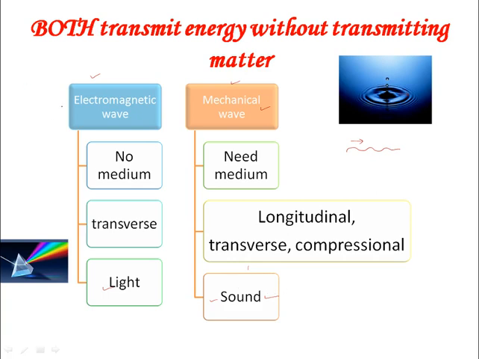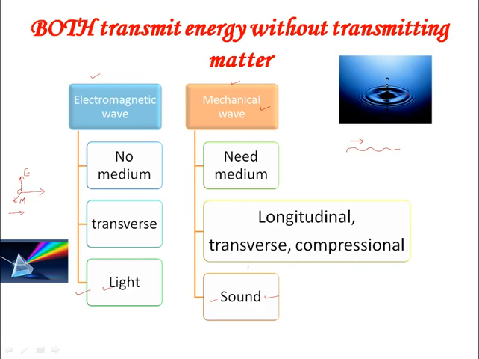So let's come to the electromagnetic wave. Light is the best example of an electromagnetic wave. It moves in one particular direction, that is, it is transverse in nature. We will see the concept of transverse now. For the production of an electromagnetic wave, we have the electric field and magnetic field in two right angle directions, but the wave is propagating in the third direction.